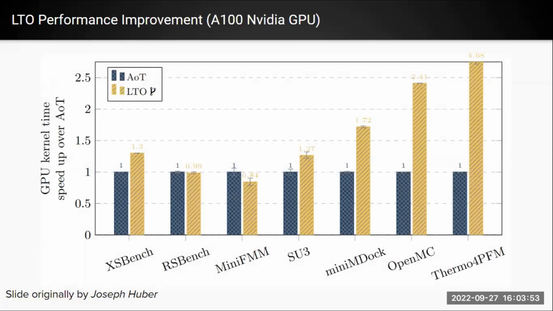These are some results about LTO compared to ahead of time compilation. If these benchmarks here, up until here at least, have a single translation unit, the code is not split across translation units, but you still can get benefits, 30% improvement, even if it's a single translation unit, just because we effectively run more optimizations.